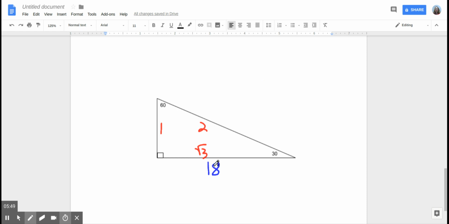We need to divide in, so 18 divided by radical 3, we would have to rationalize our denominator. So we would take the square root of 3 and multiply on the top and bottom of the fraction.